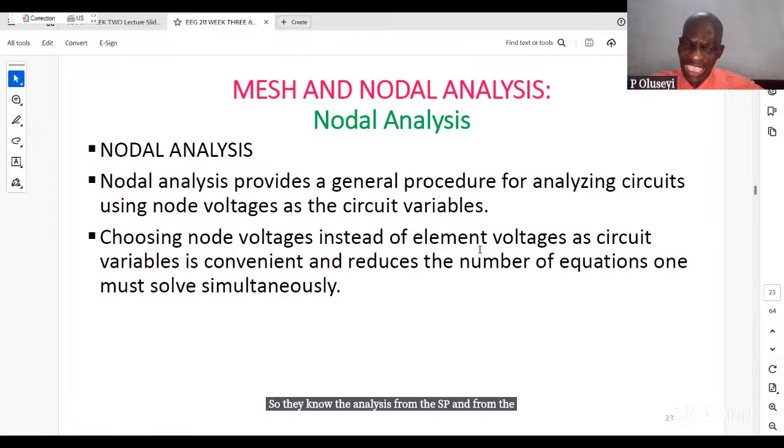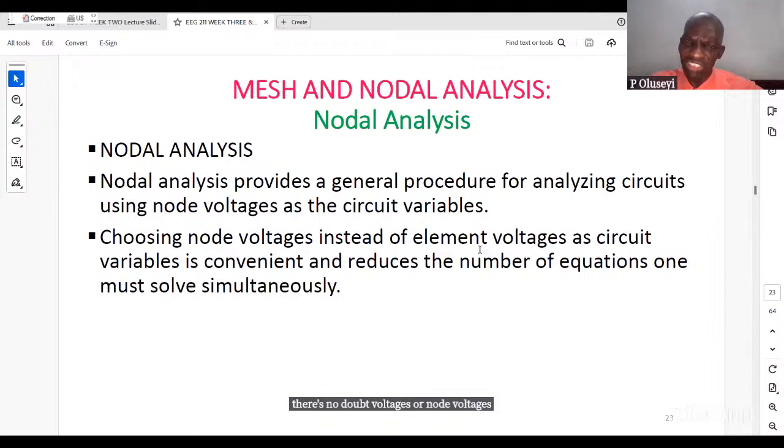So nodal analysis, from the information that I have shared in the previous slides, provides a general procedure for analyzing circuits using the node voltages as the circuit variables. The circuit variable that we normally use is the nodal voltages or node voltages.